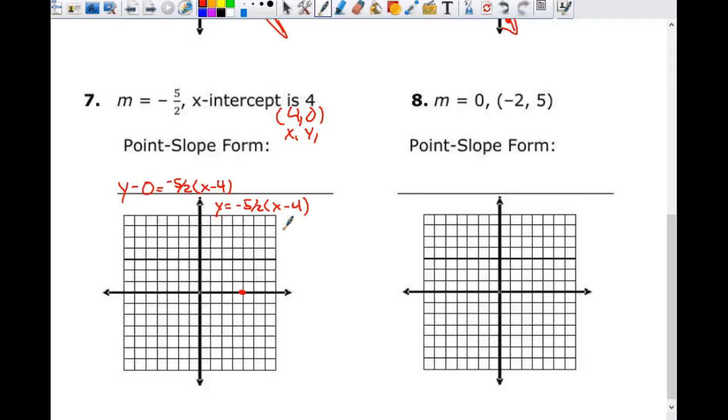Our slope is negative 5 over 2: 1, 2, 3, 4, 5, over 2, 1, 2. And we have one more and we're done. Sort of.